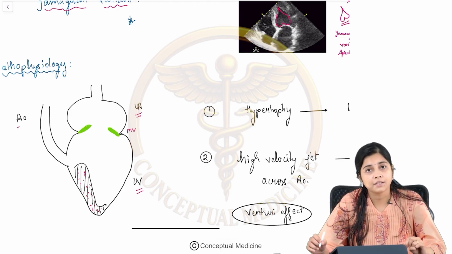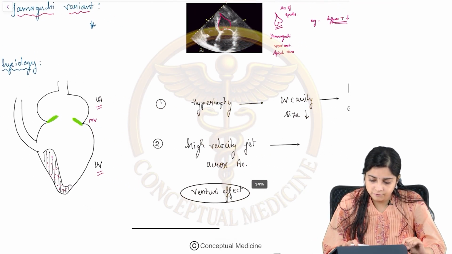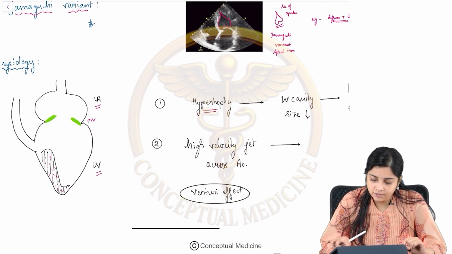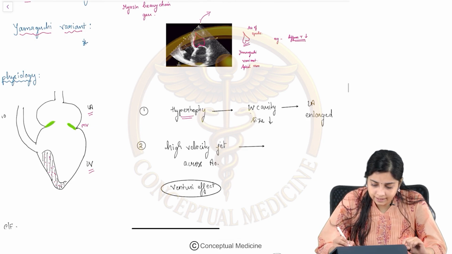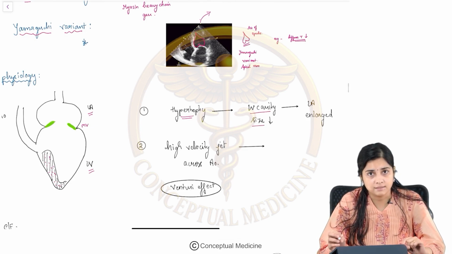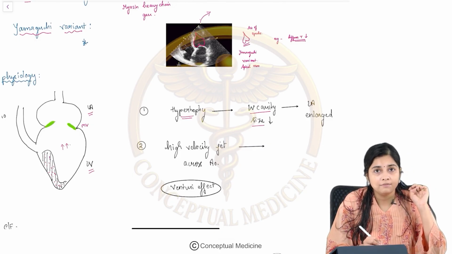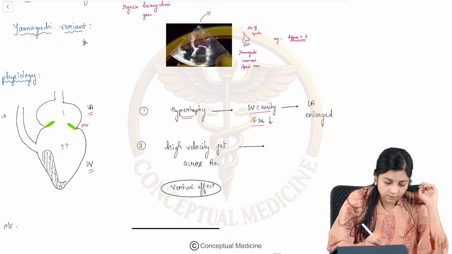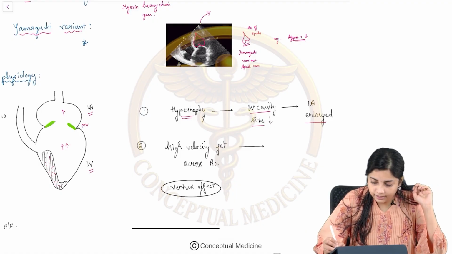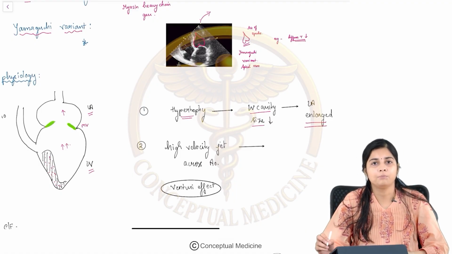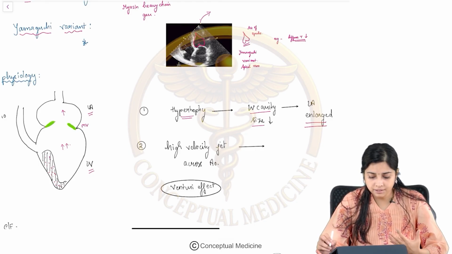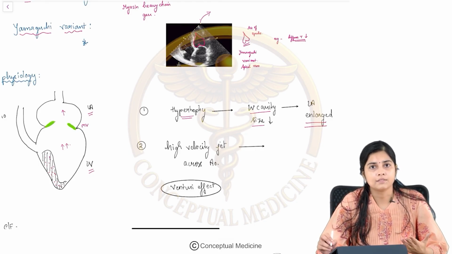Whenever there is a hypertrophy, the LV cavity size decreases. So what happens to the pressure in the LV? The pressure in the LV increases, and this is transmitted to the LA, and the LA becomes enlarged as a compensation.